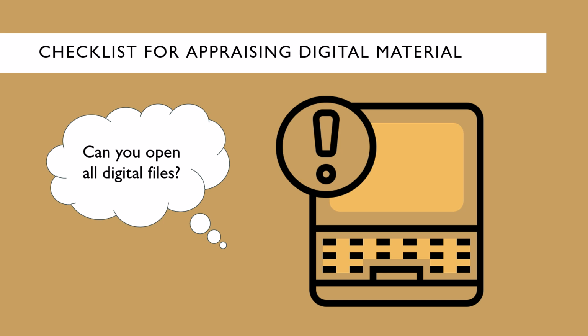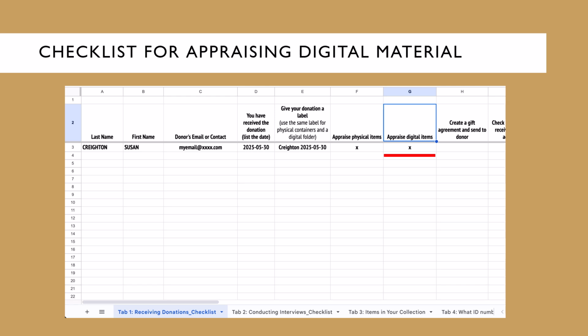If that works, convert the old format to a new format and save the updated files. If you still can't open the file, you may need to talk to your donor to see if they can provide the file to you in a different format. Once you've done all your appraisal steps for your digital materials, check off this step in column G.